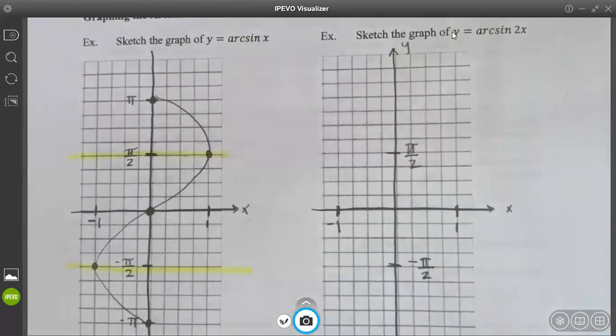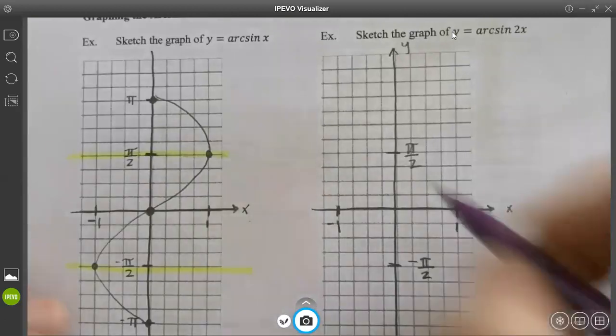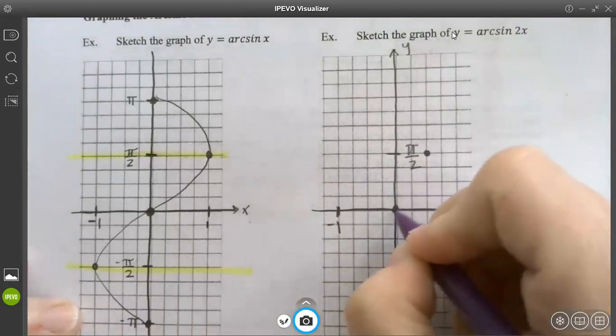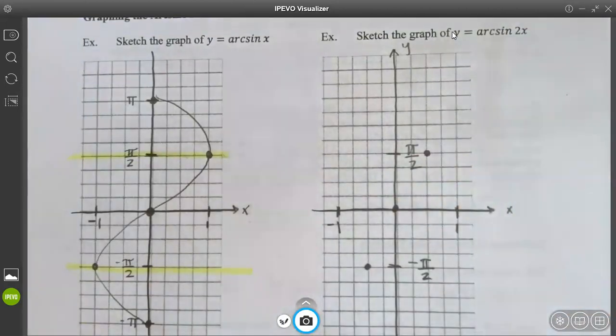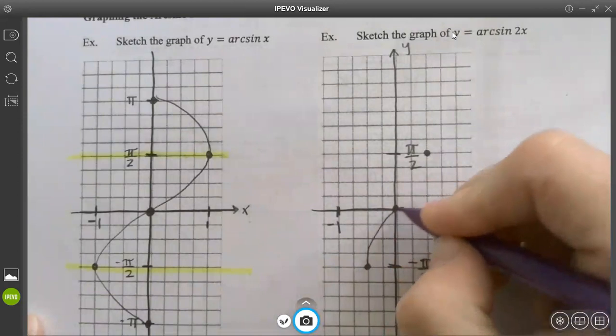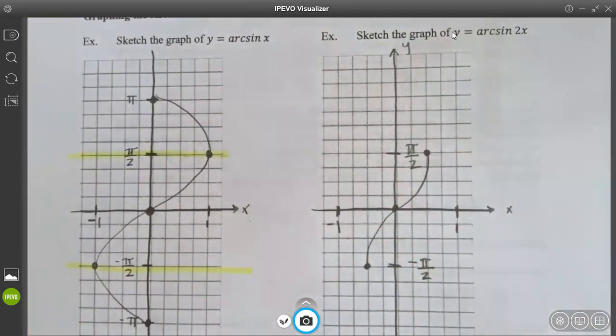This time I'm not even going to go any further than that. Instead of your x value being 1 with arc sine 2x, it's now going to be 1/2, pi over 2, 0, and negative 1/2, negative pi over 2. Like this.